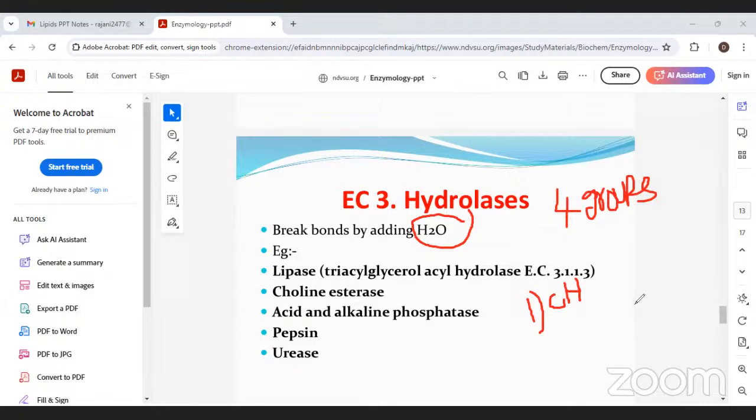Example, hexose and pentose sugars, under the influence of this enzyme. I'll write here.